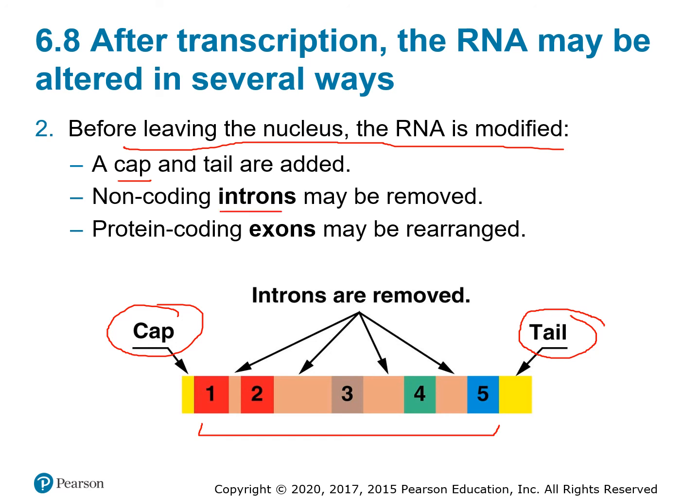Introns may be removed, and the exons, which are what are actually expressed to make the protein, can be linked together after the introns are removed. Okay, so this is called splicing, RNA splicing, and this is a way that gene regulation can occur, because you can actually splice these exons in different ways to actually make different proteins.